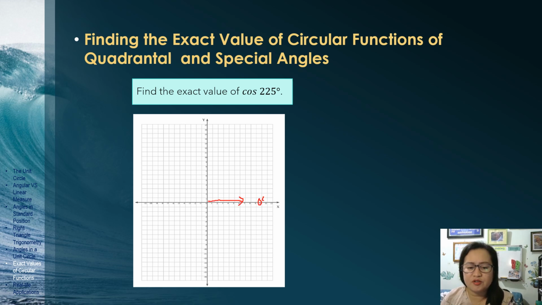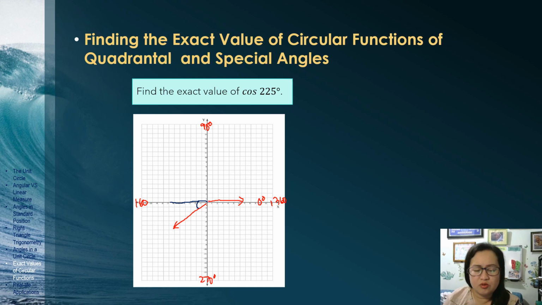So we have 0 degrees, this is 90 degrees, 180, 270 degrees, and so on. This is 360. So 225 is in the third quadrant. Let's try to find a reference angle. So our reference angle would be this one.